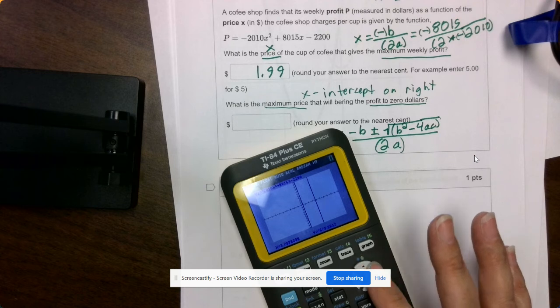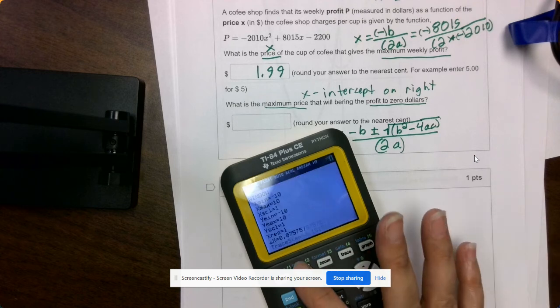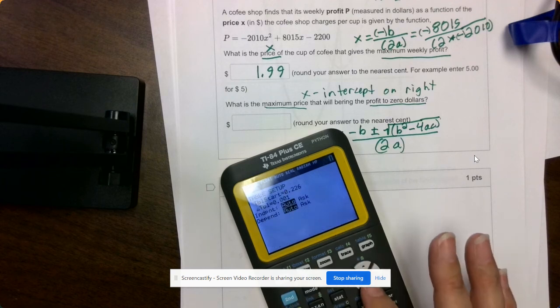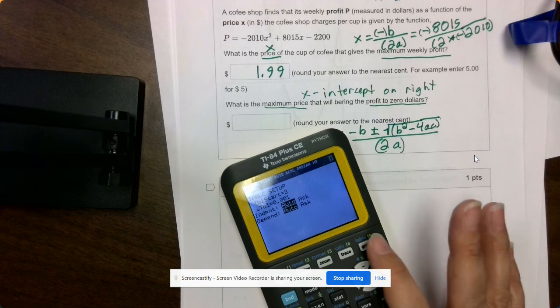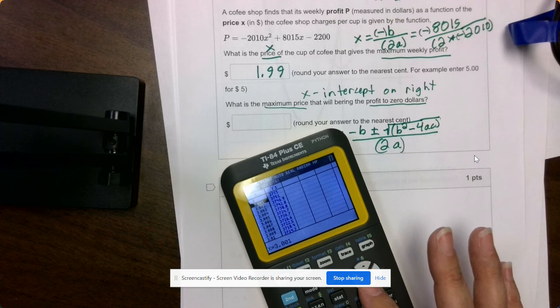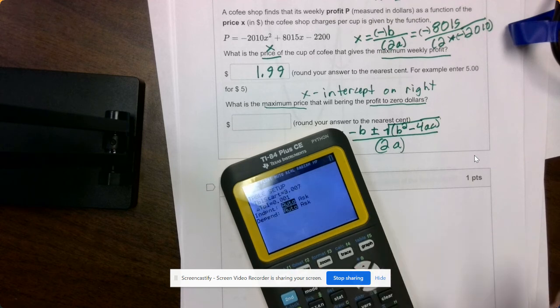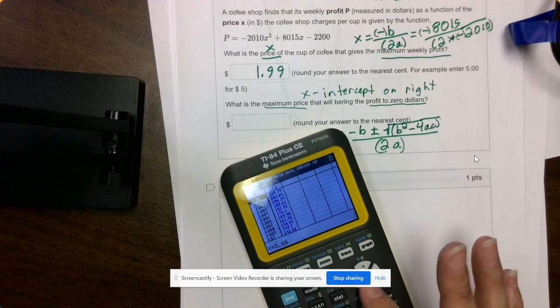So notice everybody went from negative to positive there. So table set, table start, everybody. I want it to start at 3. So it actually said 3.6 because everybody, when I graphed it, it looked like that.